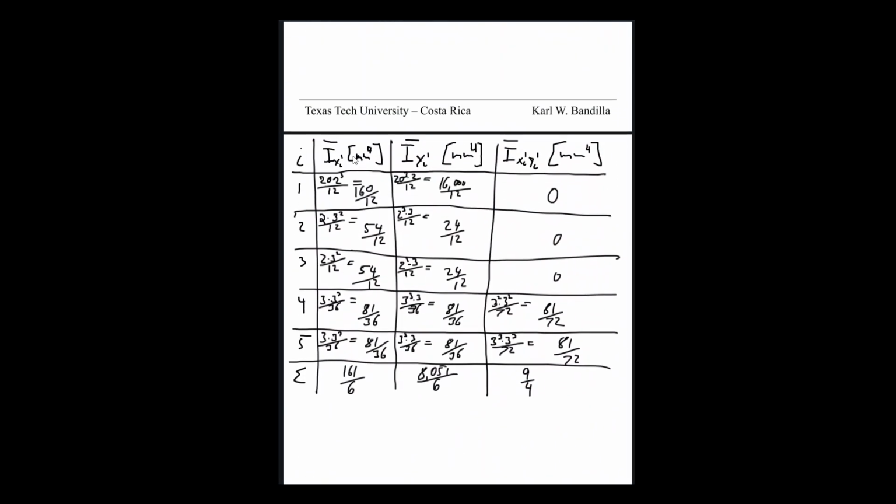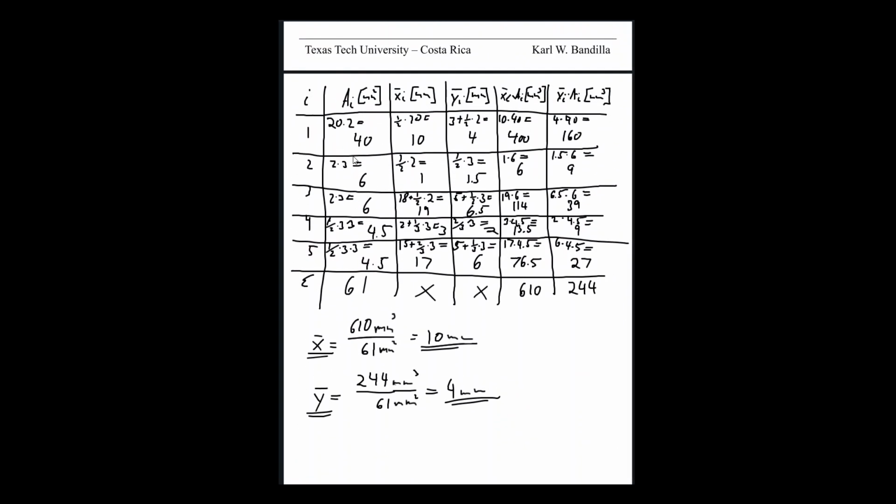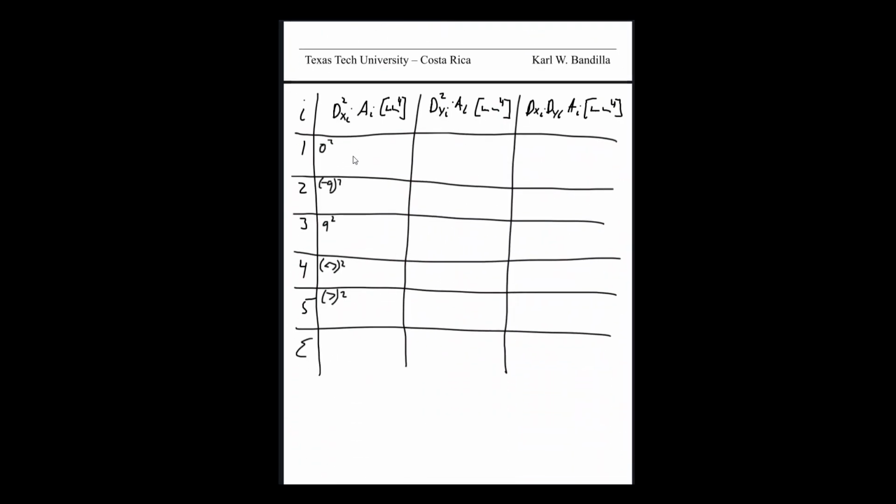And then my areas, all the way in the first one, 40, 6, 6, 4.5, and 4.5.